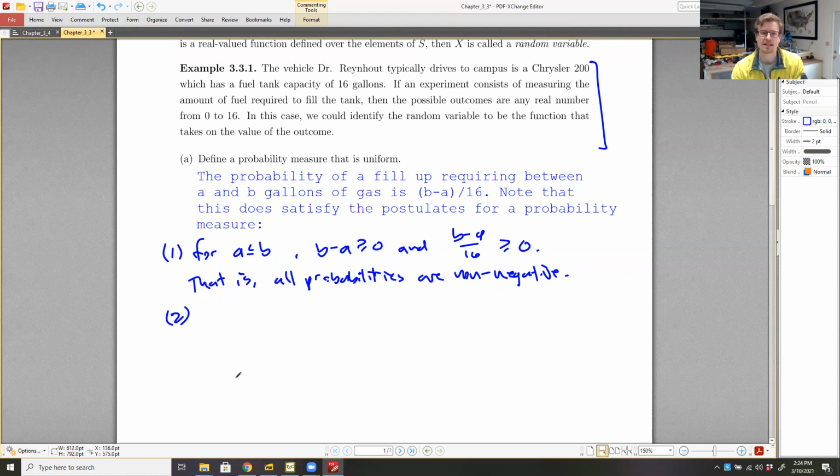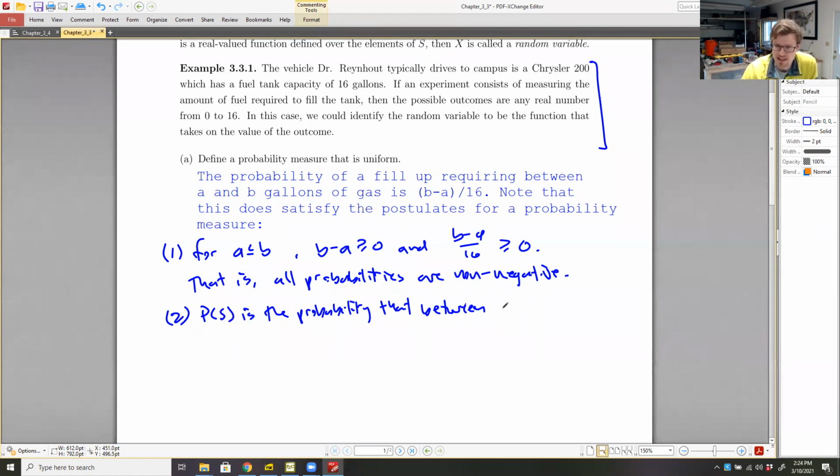The second postulate is that the probability of the sample space is exactly 1. So the probability of the entire sample space is the probability that between 0 and 16 gallons of gas will be required.